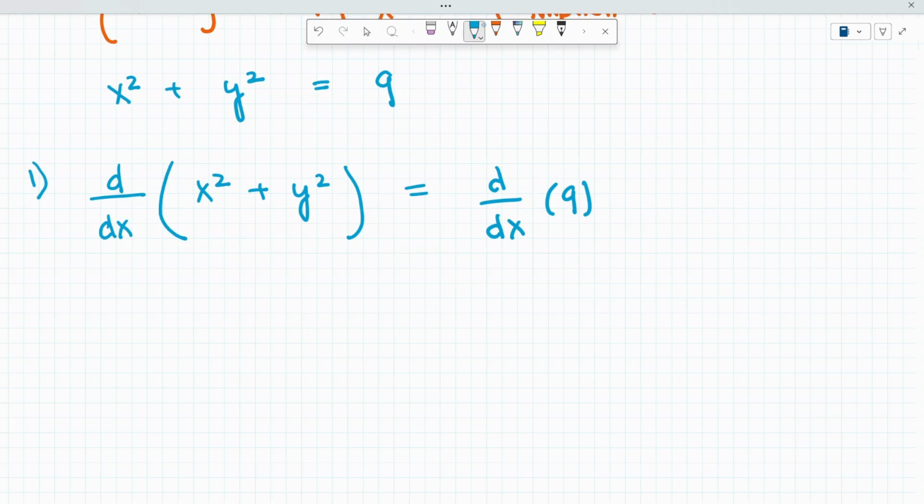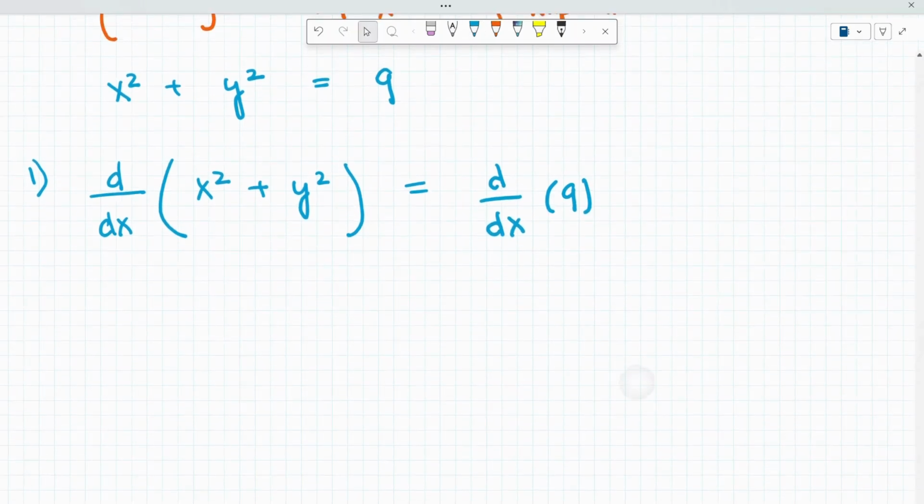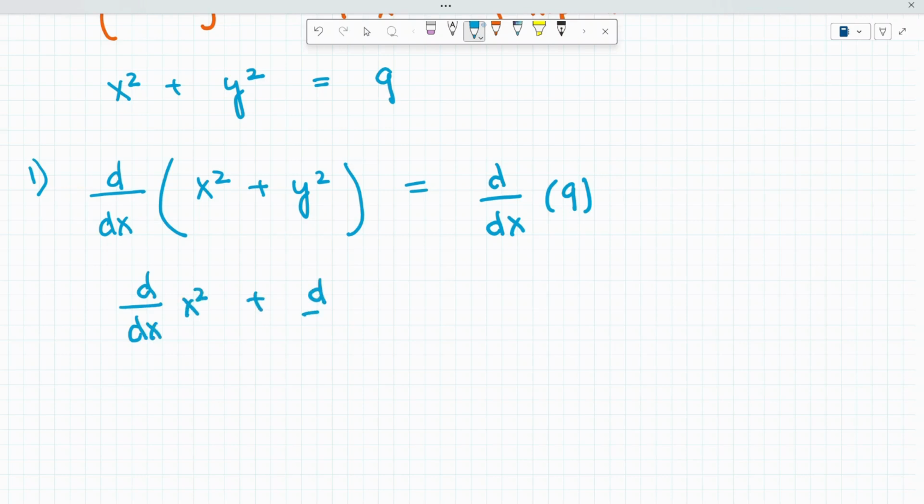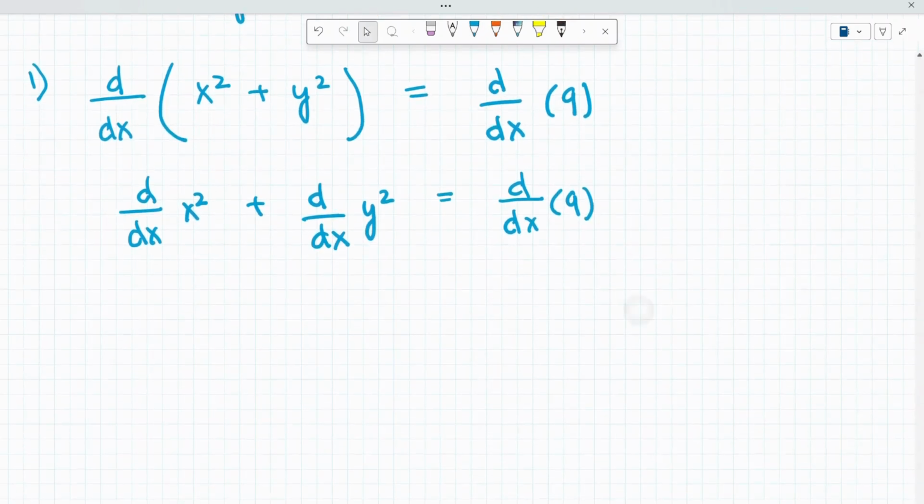Following our differentiation rules, we can use the addition rule, so we have the derivative of the first term plus the derivative of the second term, because they're separated by an addition, and then the derivative of our constant on the right side.